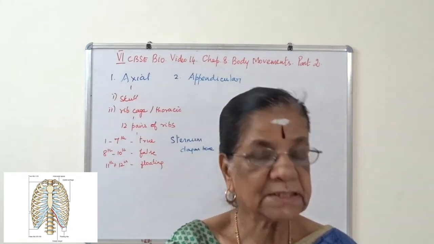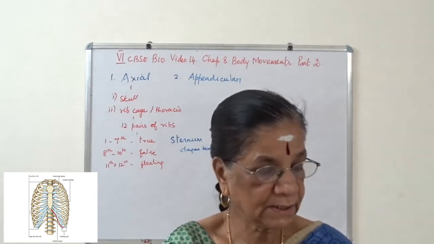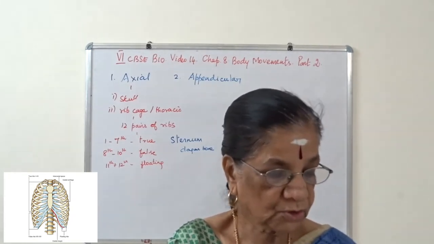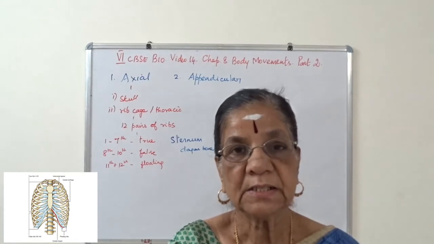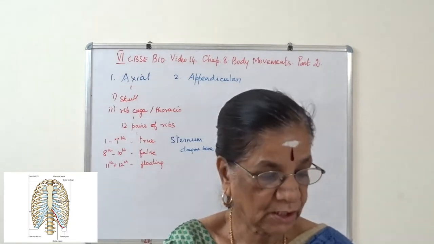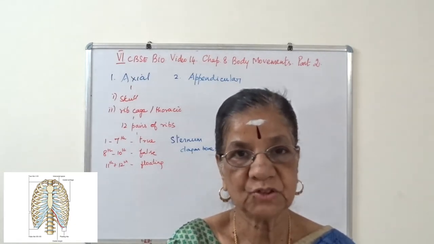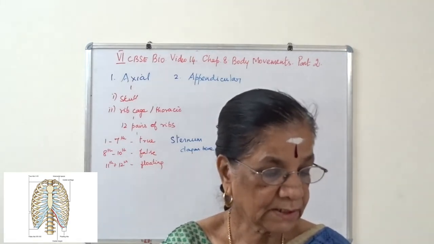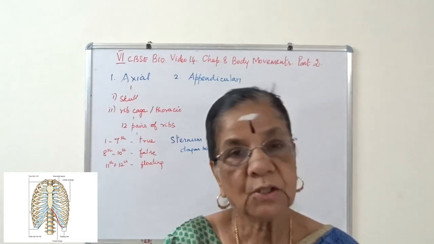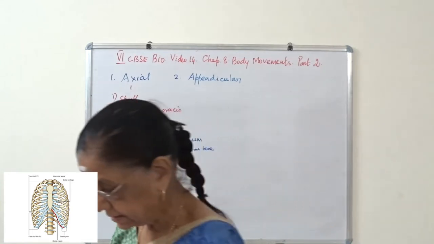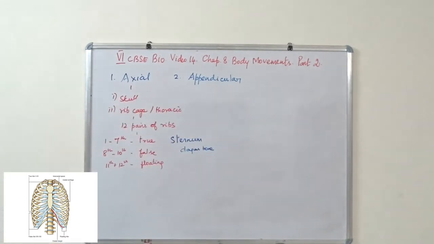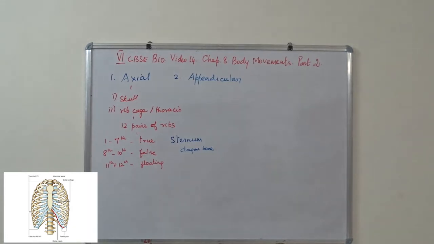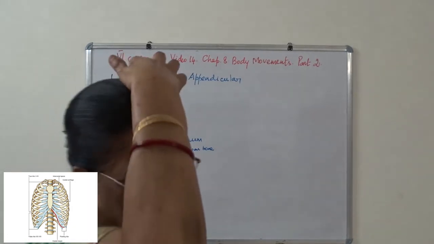Now the cartilages of the 8th, 9th and 10th ribs are fused and attached to the sternum indirectly, so they are called false ribs. And then the 11th and 12th pairs are not attached to the sternum, so they are called floating ribs. I hope you follow. So this is for the thoracic cavity.